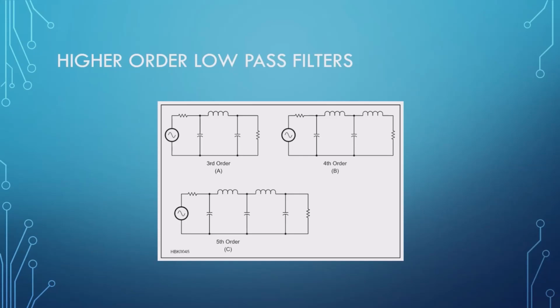If you think of it, we have a serial resonant circuit and then a second serial resonant circuit on the third order. Then we've got two, but it's kind of like a parallel. They build serial to parallel, serial to parallel.